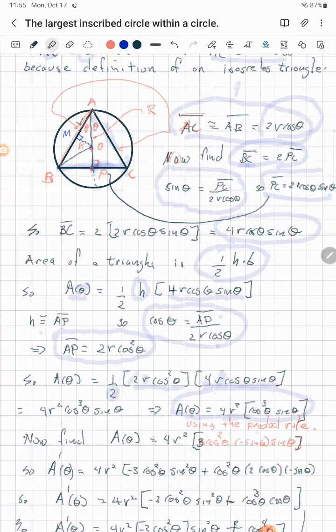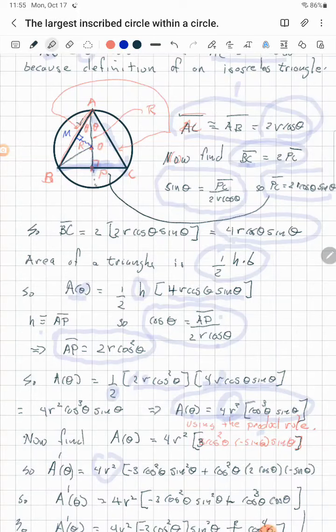Now I'm going to use the product rule. I'm not even going to look at this because none of this has to do with theta. So I'm just going to pull out the 4r squared. But now if I take the derivative of the cube of cosine theta, I get the chain rule first. So I bring down the 3, and then I subtract one from the power, so it's cosine to the second power.